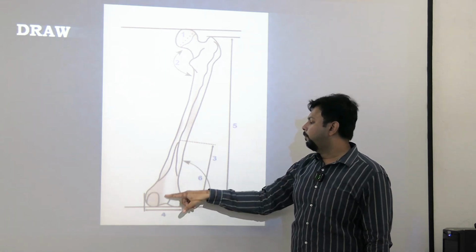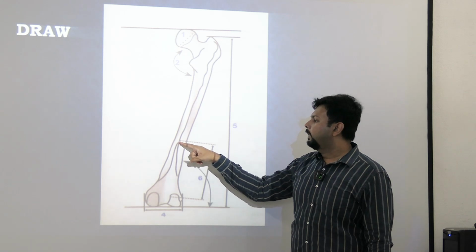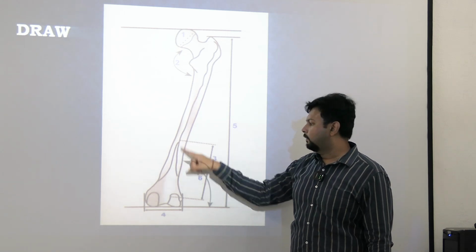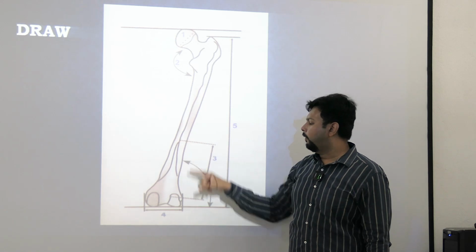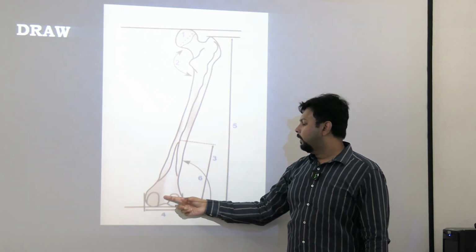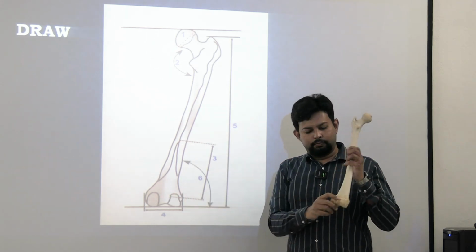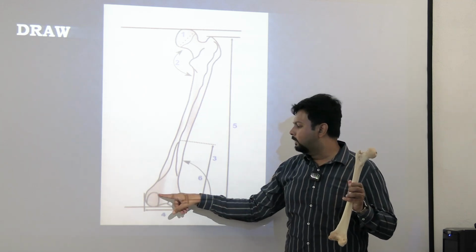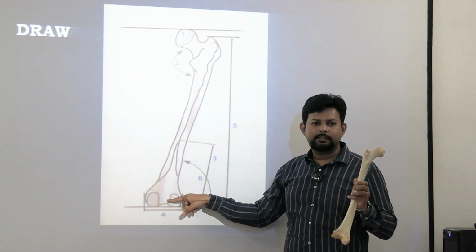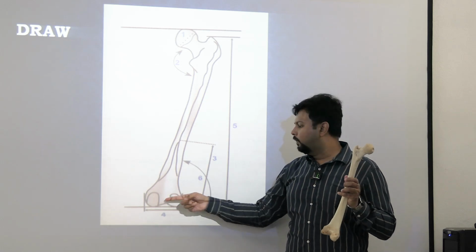Next comes the popliteal length, where the linea aspera ends or divides, before the bifurcation, from that point till above the groove, not till the base. Here it ends, then there is a groove.